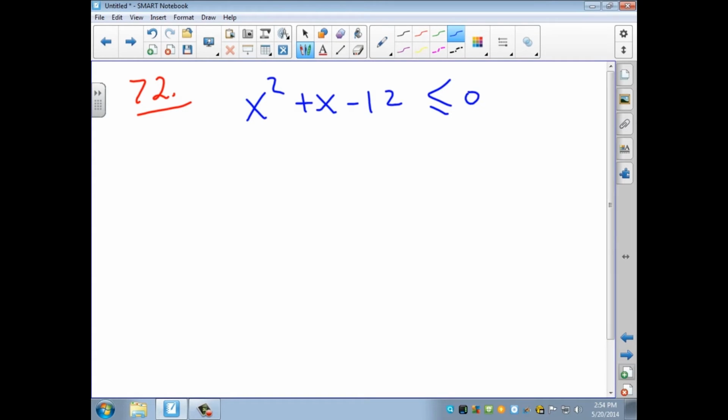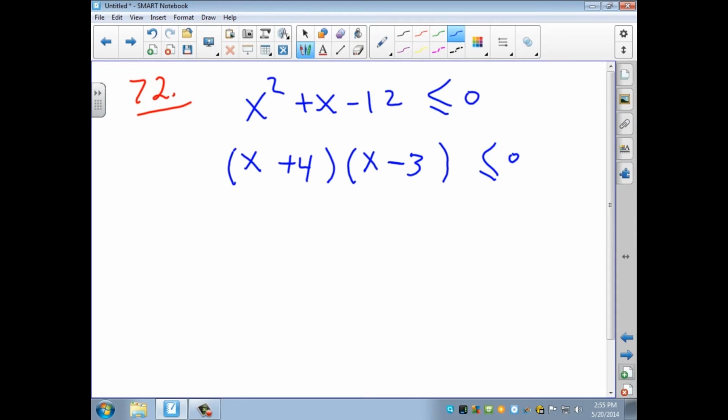So here what you're going to do, you're going to factor your quadratic part. So here would be x, here would be x, minus 12. Since it is the middle, put a minus 3 and a plus 4.